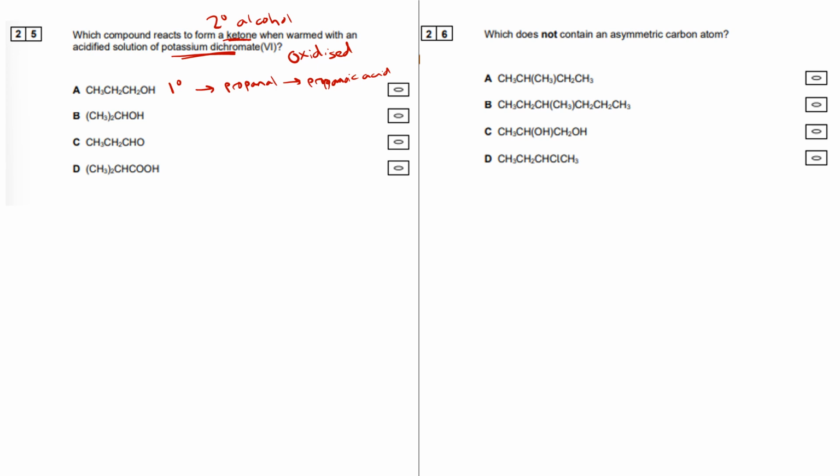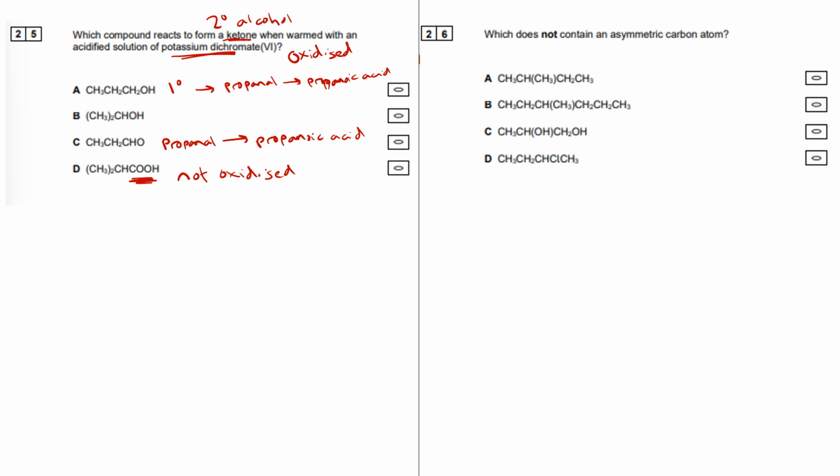C is an aldehyde, so we'll come back to B in a second. So that is propanal. When it's heated with acidified potassium dichromate, it would become propanoic acid, or carboxylic acid. D is a carboxylic acid, it cannot be oxidized. Now B, you might be looking at that formula a little bit confused.